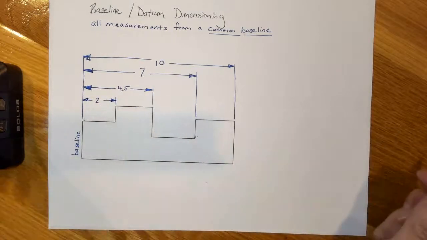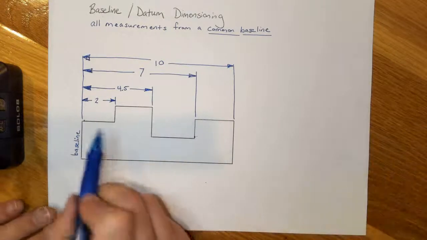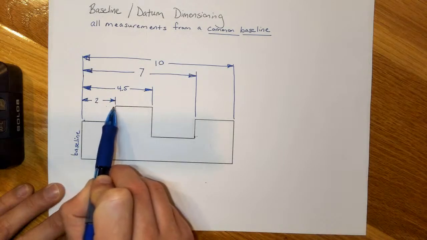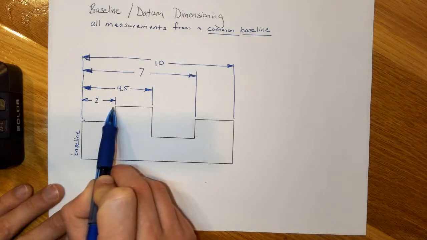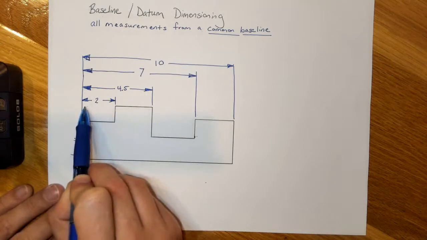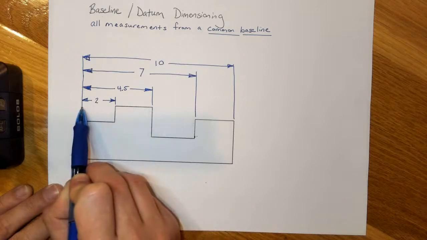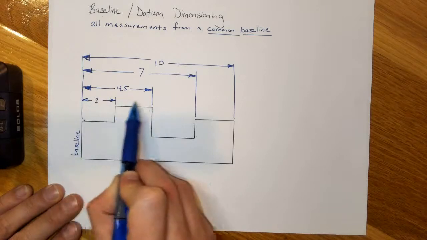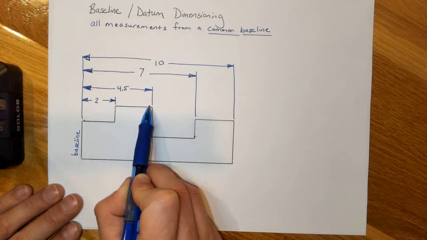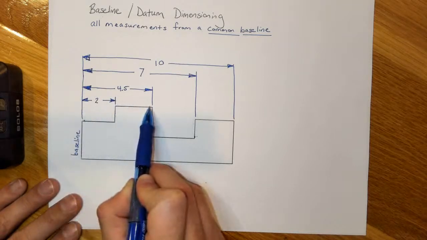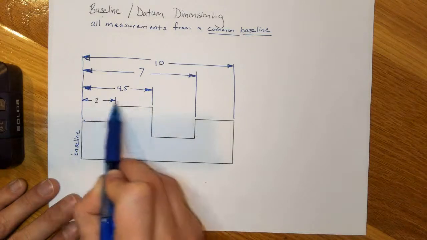Okay, so that's baseline. The nice thing about baseline is that if somebody made a mistake right here measuring 2 inches and they were off by, let's say, 2/100ths of an inch, when they go to measure to this corner, this feature, perhaps they could still be off, if their scale, their caliper, something was not calibrated or zeroed right, maybe that same 2/100ths, but they'll just be off 2/100ths.